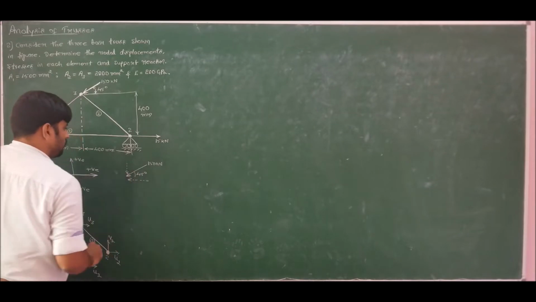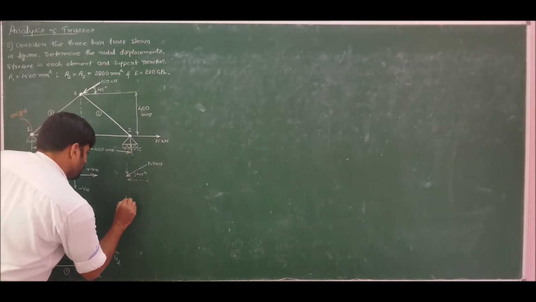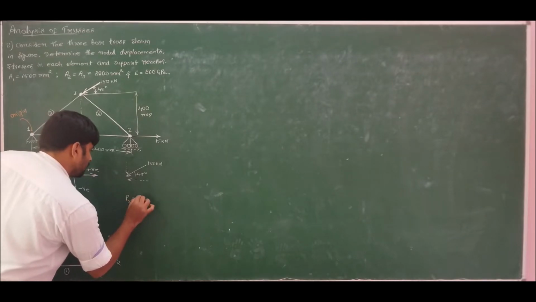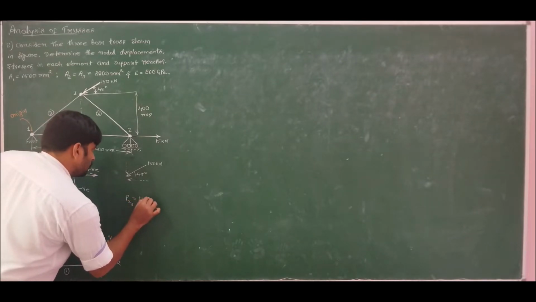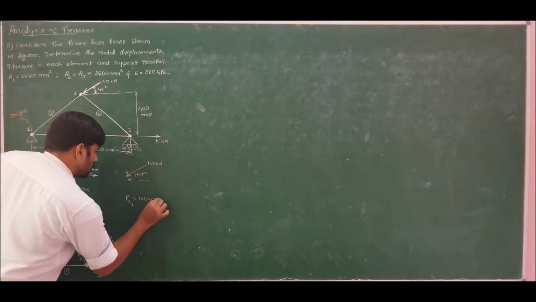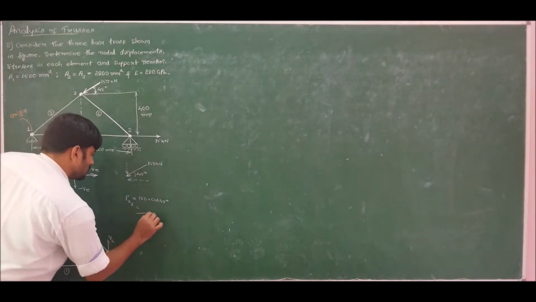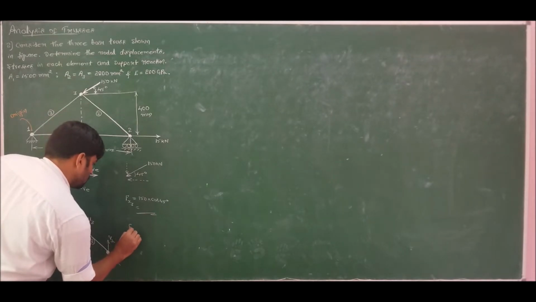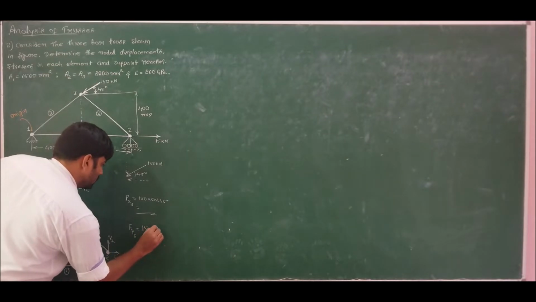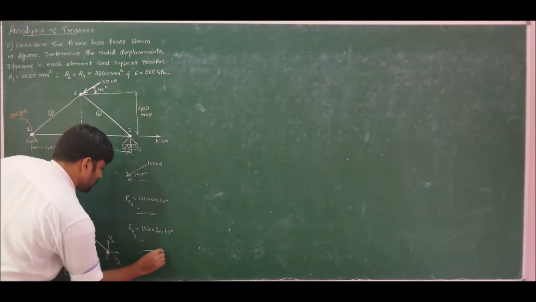Therefore, force in x direction at node 3 will be 150 into cos of 45 degrees, whereas force in y direction at node 3 will be 150 into sine of 45 degrees.